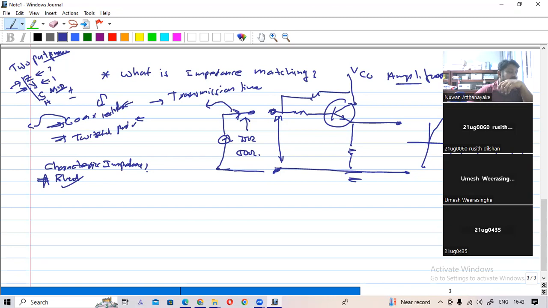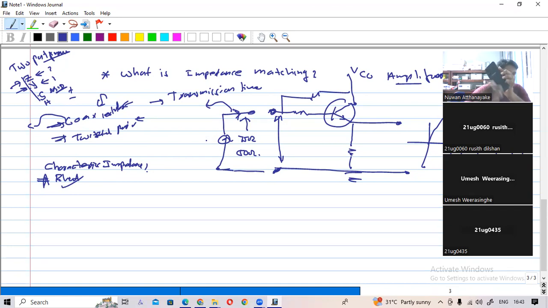These parameters are very important when we are designing a circuit for high frequency. For example, if you are designing a circuit for receiving radio frequency. This phone has a circuit, no?